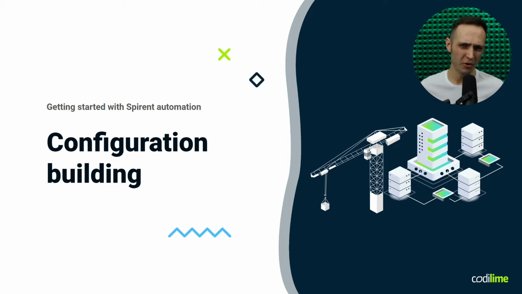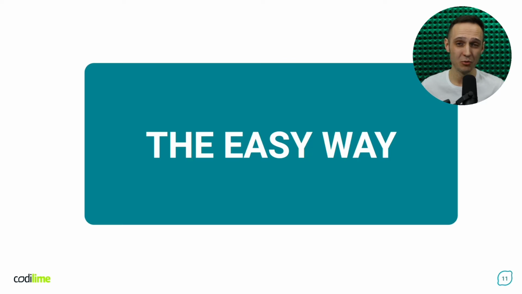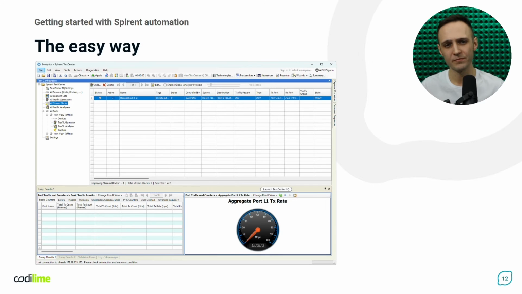But before we execute any action on the Spirent Test Center, we need to build the configuration. And fortunately, there is an easy way how to do that. Here I've got a screen from the Spirent Test Center, and I have also configured some things on it already.